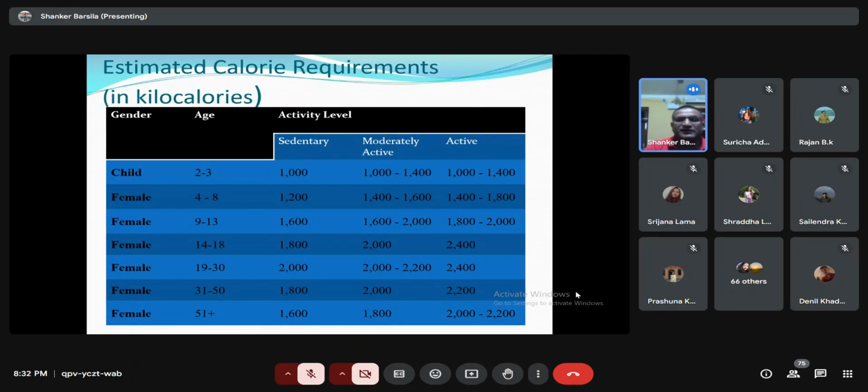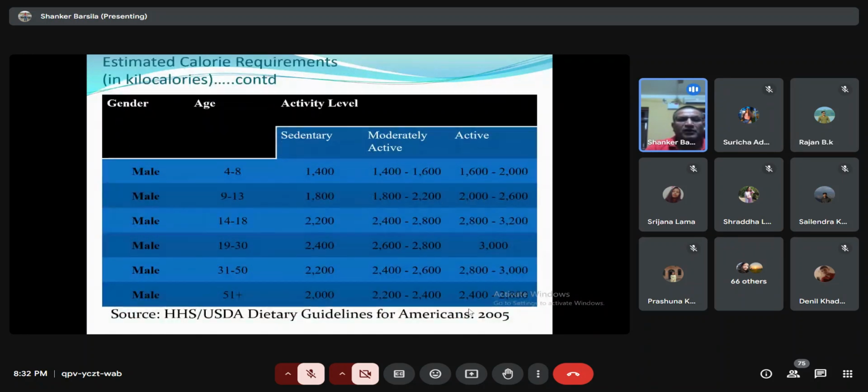Just for example, for children, females of different age categories, and males of different age categories, and for different activity levels. Okay, so for normal people of your age, maybe from 19 to 30, you need to consume at least about 2600 to 2800 kilocalories per day.